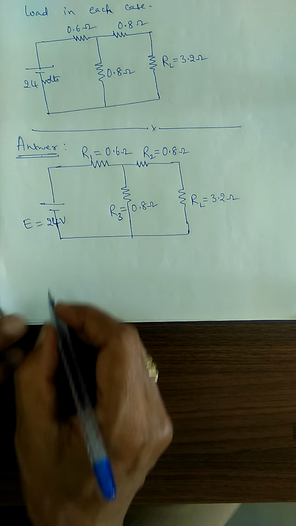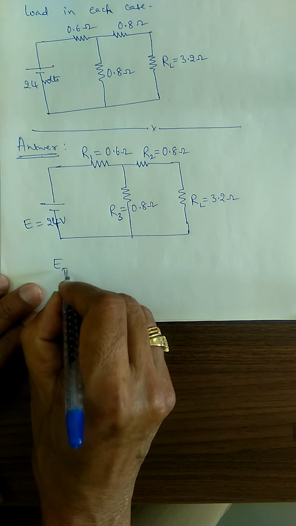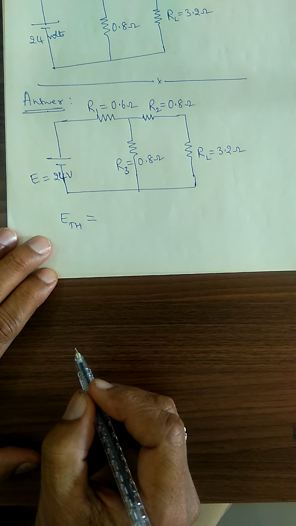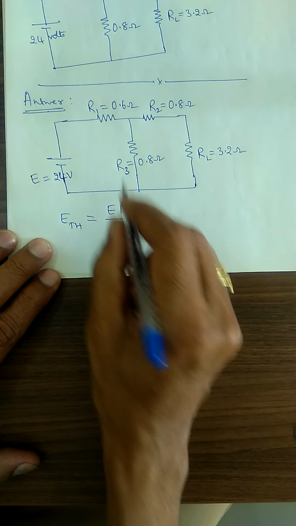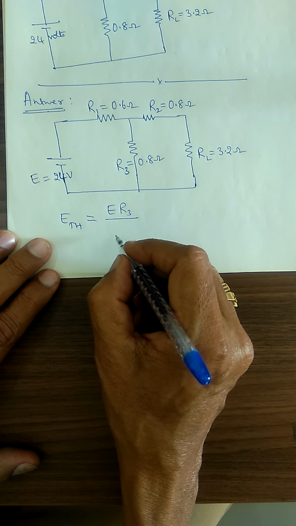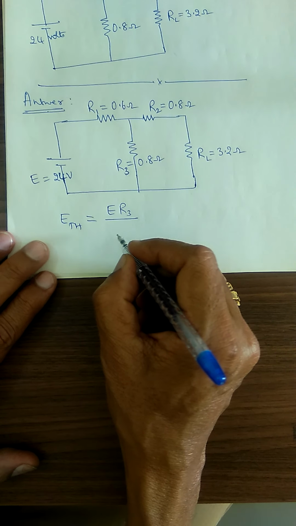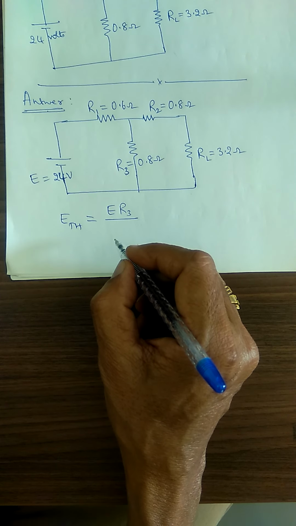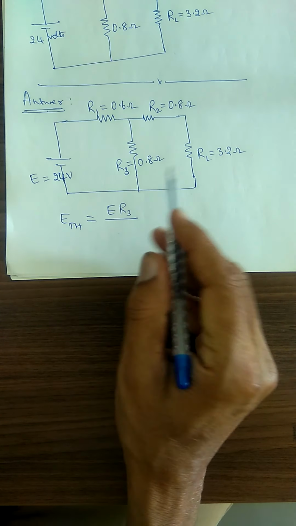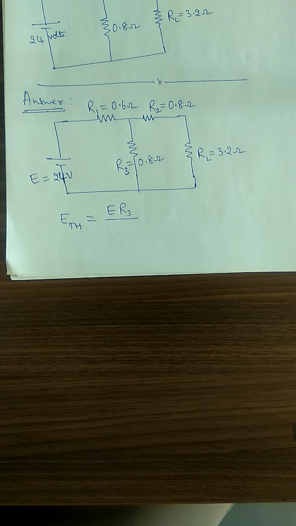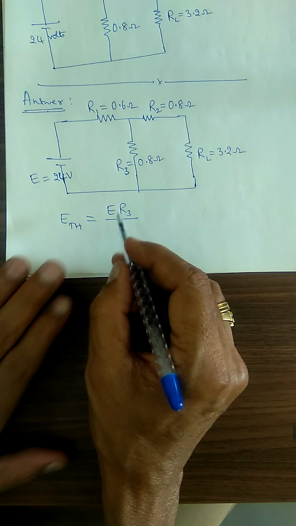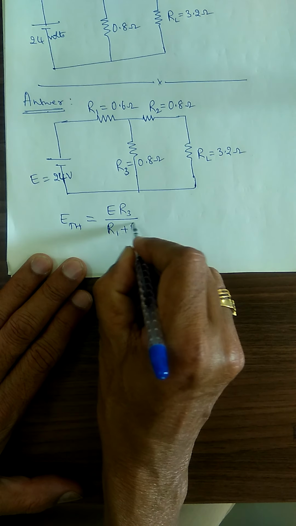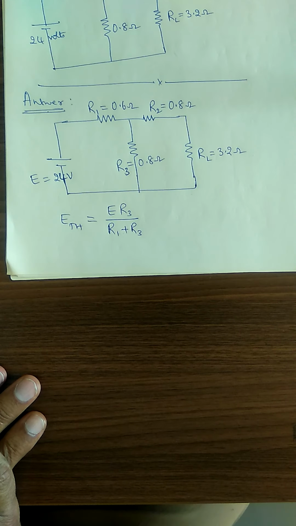So first let us calculate ETH. ETH is equal to E R3 divided by R1 plus R3.